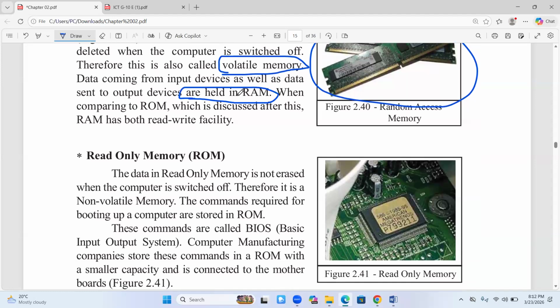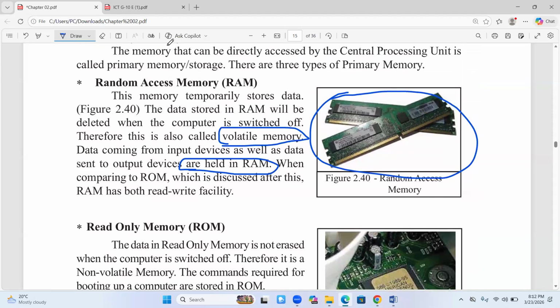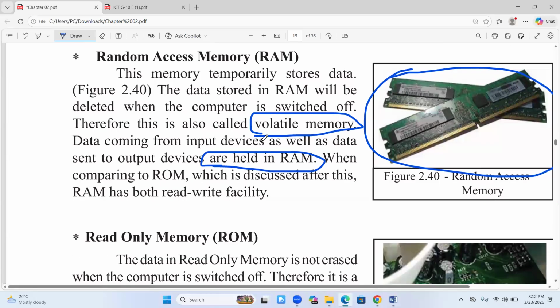For a short period of time, the RAM will store the inputs and outputs of the system. You can't store that information permanently in RAM. It will store it temporarily, for a short period of time. Because of that, it is called the volatile memory of the computer.